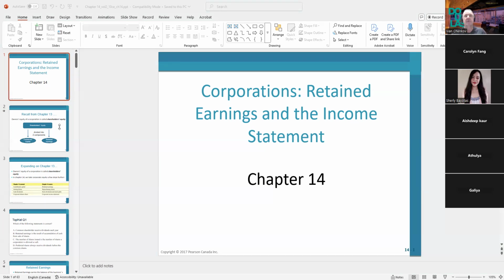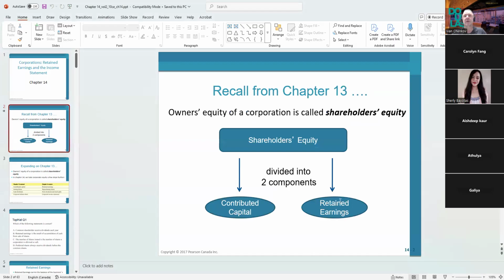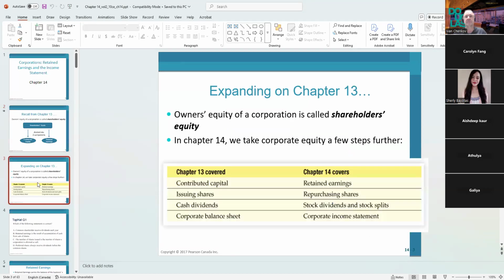So today we're going to talk about the retained earnings. Last week we talked about the contributed capital, from where the contributed capital comes, and when the people who contribute their capital, what they're expecting: dividend. Today we're going to focus on the retained earnings.